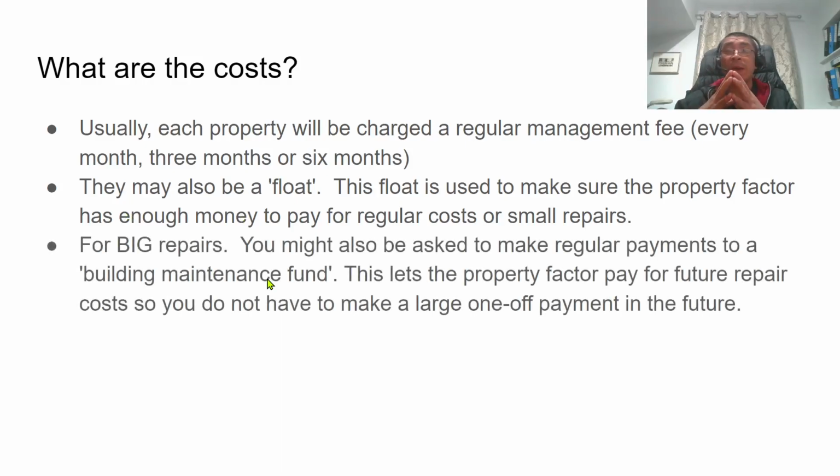For bigger repairs, what they might do is set up a building maintenance fund, so they accumulate funds for the repair. Say, for example, it's a very expensive repair to the roof, and it costs £1,000 for all the owners. They're not going to demand it in one payment.